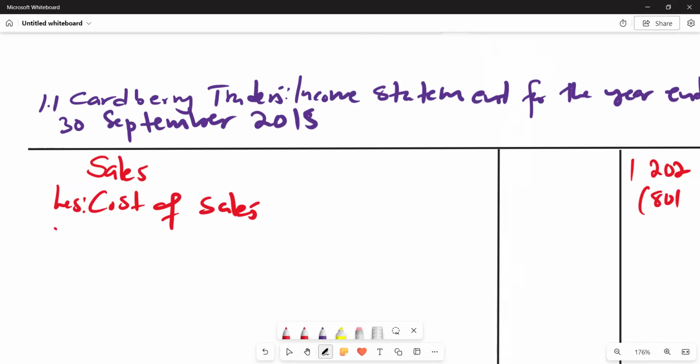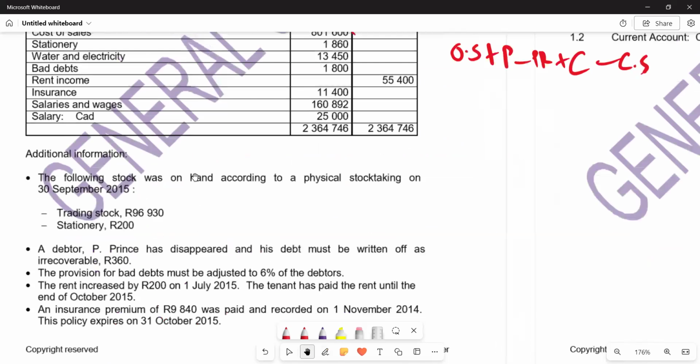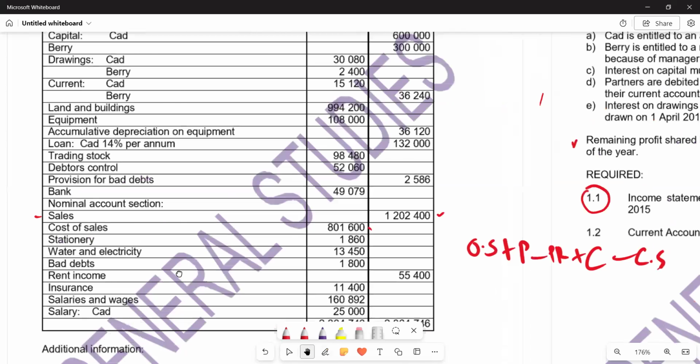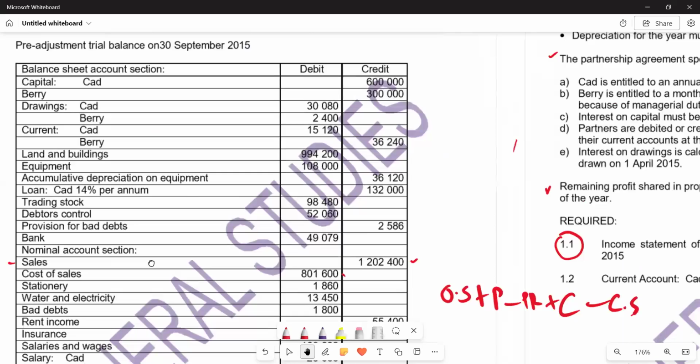So here we are saying other operating income. We go to our question to find other operating incomes. Remember, we can have rent income, we can have commission received as our other income.